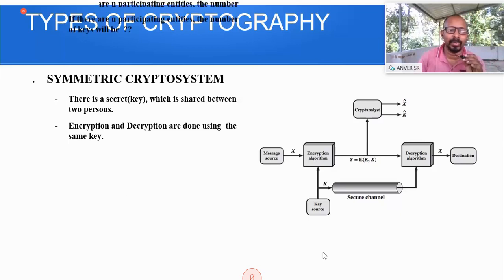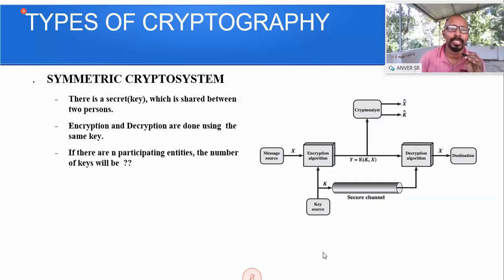Then there is a question: if there are n participating entities, what will be the number of keys? It will be n into n minus 1 by 2. We have seen this equation somewhere else. Consider it as a complete graph with n vertices.